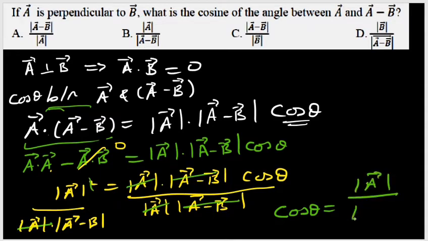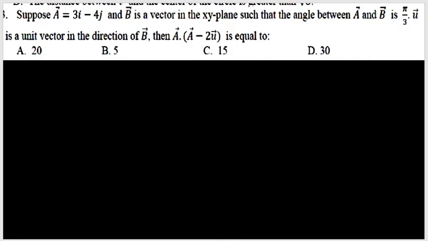In the denominator we have magnitude of A minus B. So the answer should be B. Next question.